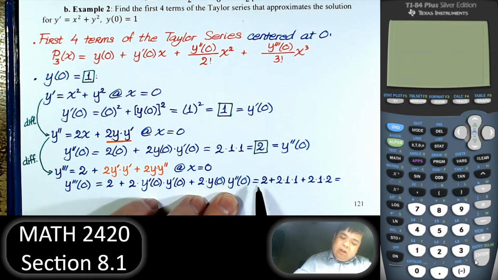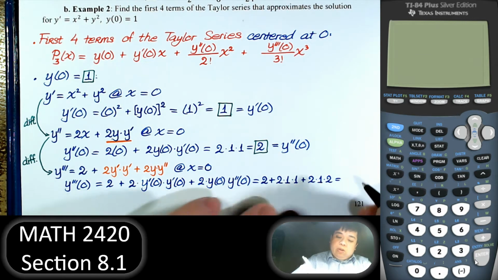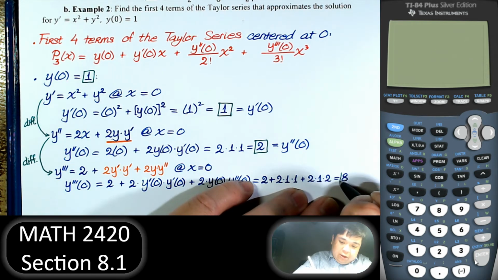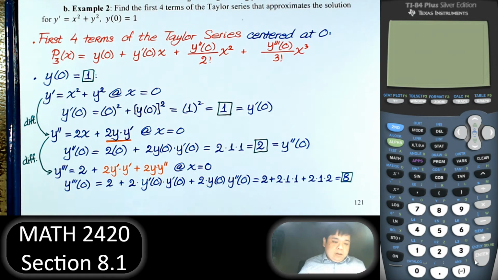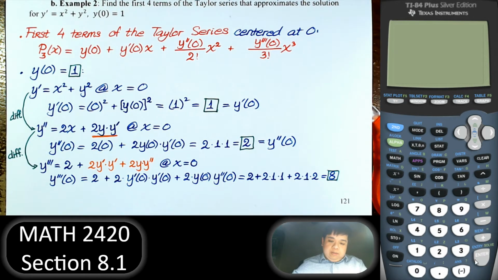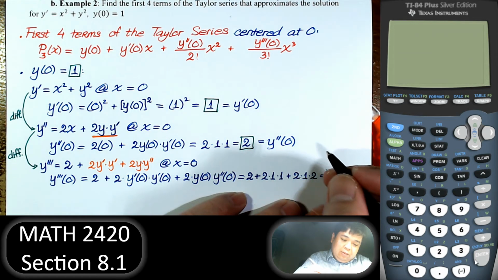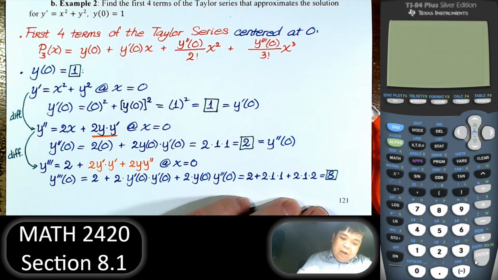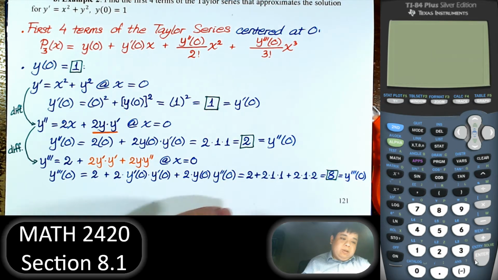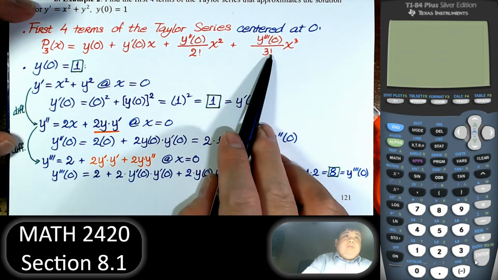So we have 2 plus 2 is 4, plus 4 is 8. And that equals the third derivative at 0.